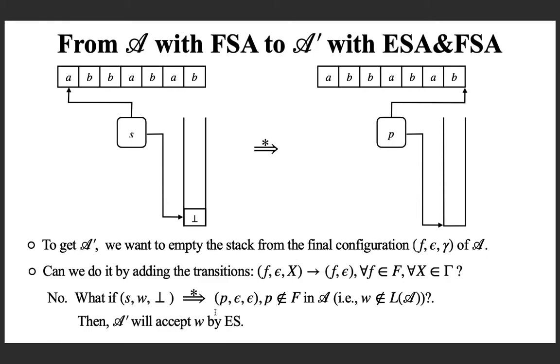In A prime, this is the configuration: the state is non-final, but the stack is empty. Because the stack is empty, by the empty stack acceptance, A prime is accepting. That is not correct. It's an unsound construction, because W was not accepted by A, but it is accepted by A prime using the empty stack acceptance criterion.